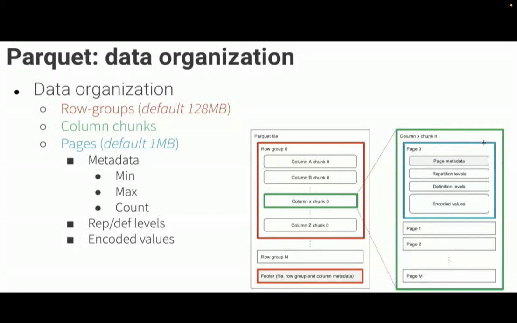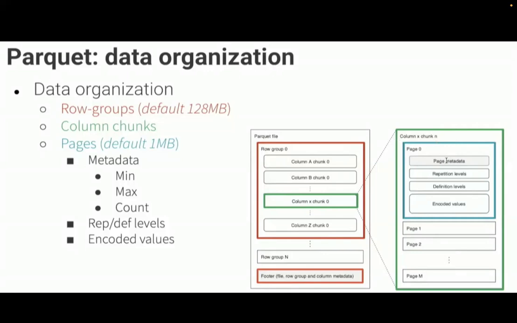So this is going to have a page, and within each page it is going to store the page metadata. What is page metadata? Metadata means the minimum value, the maximum value, and the number of rows. If you see here, it is mentioned: min, max, count. This is what it is going to store. How this helps Parquet is that Parquet first reads the metadata, guys. It will not read the data.